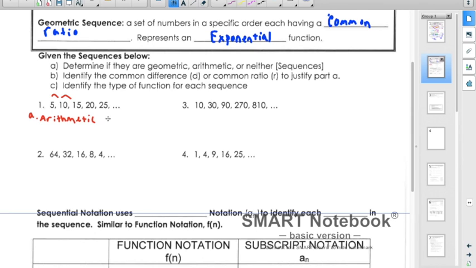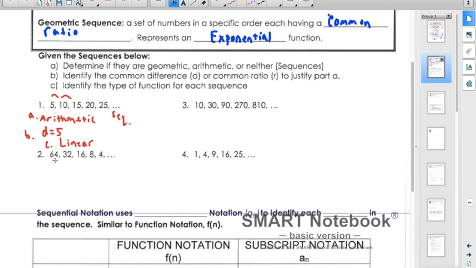Right? This is going to be an arithmetic sequence because it's following a linear function. Part B, identify the common difference or common ratio. Well, again, it's going to be common difference because it's an arithmetic, a linear function. The common difference is 5. Then part C, identify the type of function. Well, it's a linear function, right?